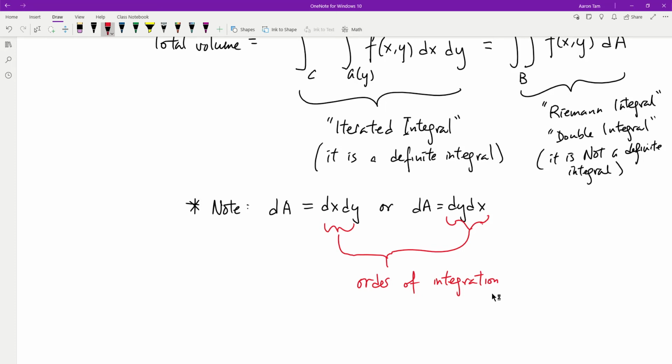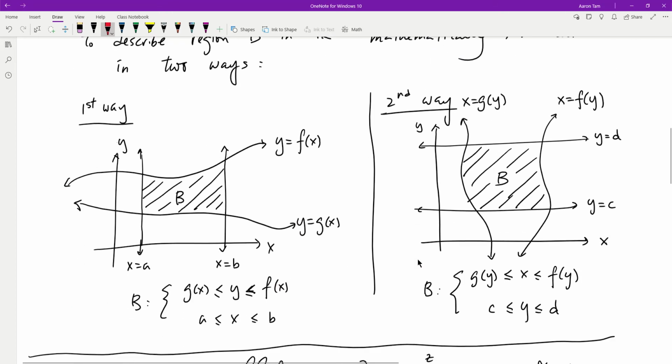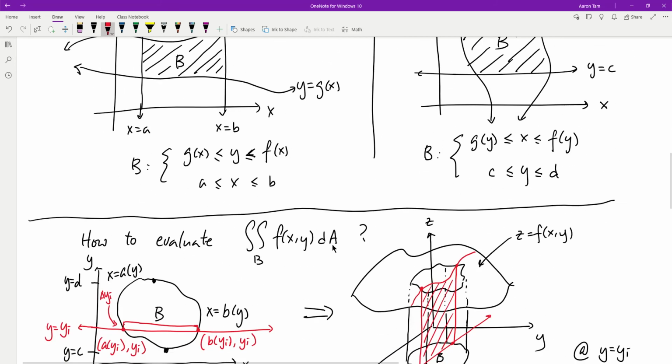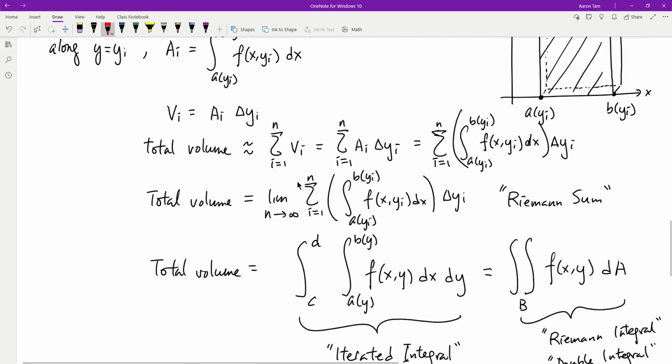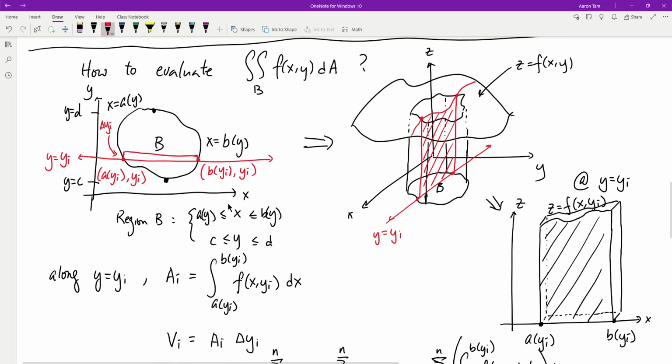Notice in here, there are two different orders of integration, and we have two different ways to describe the region B. So the way you choose to describe the region B would most likely dictate the order. Meaning in this particular derivation, I have dx dy, and it's directly tied to the way I define B.